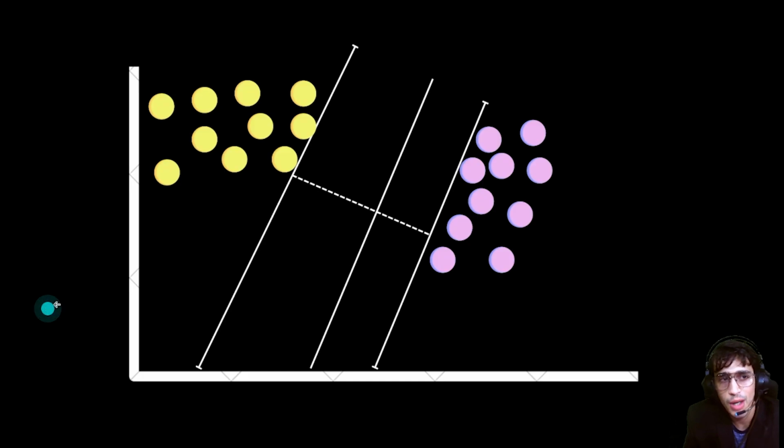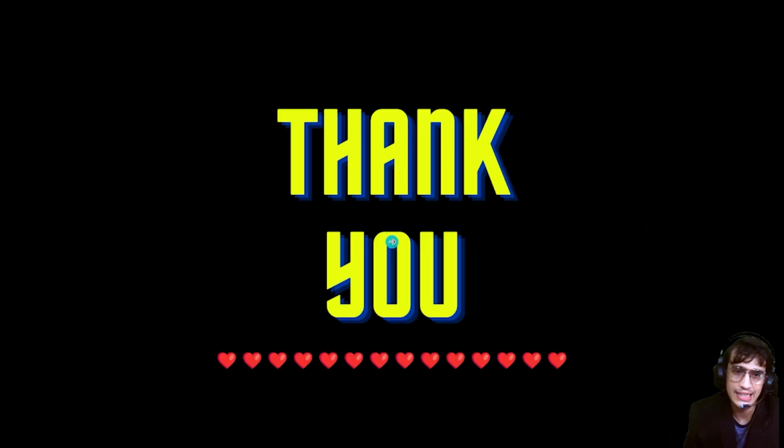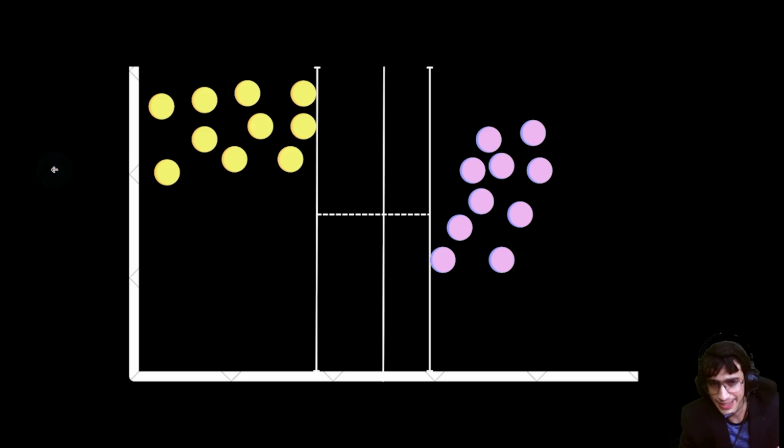So this was all about SVM in this video, and wait for the second video, where we are going to study what kernels are and how we can use non-linear data. For your clarity, what is linear and non-linear data? Linear data is data which can be separated by a line, and non-linear data is data which can't be separated by one line.